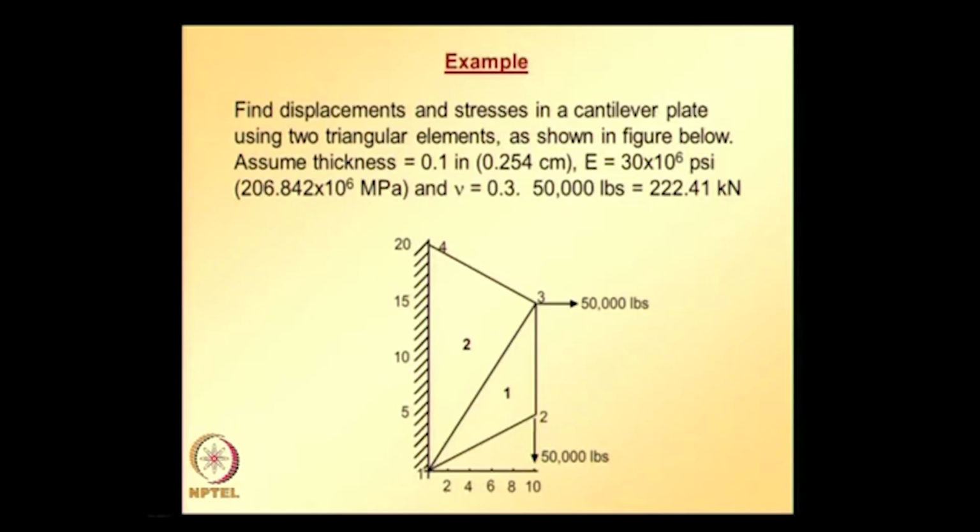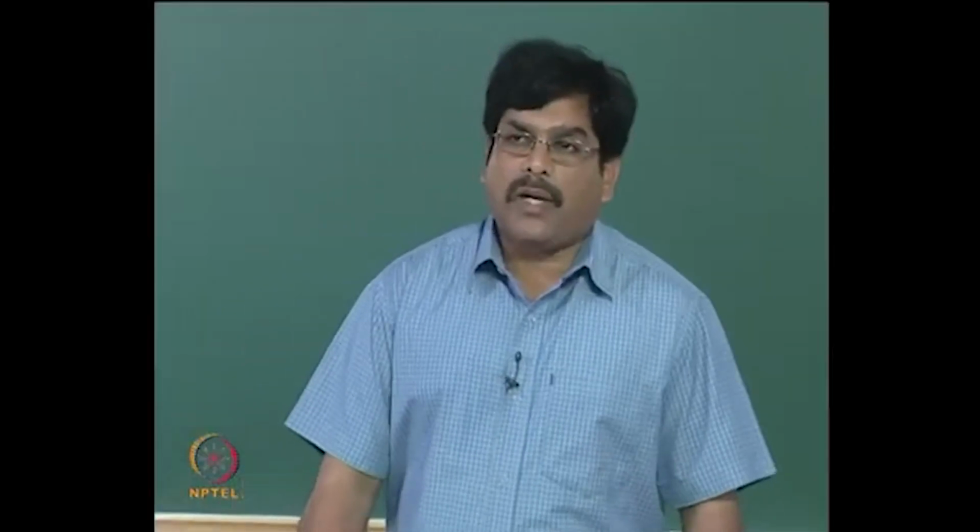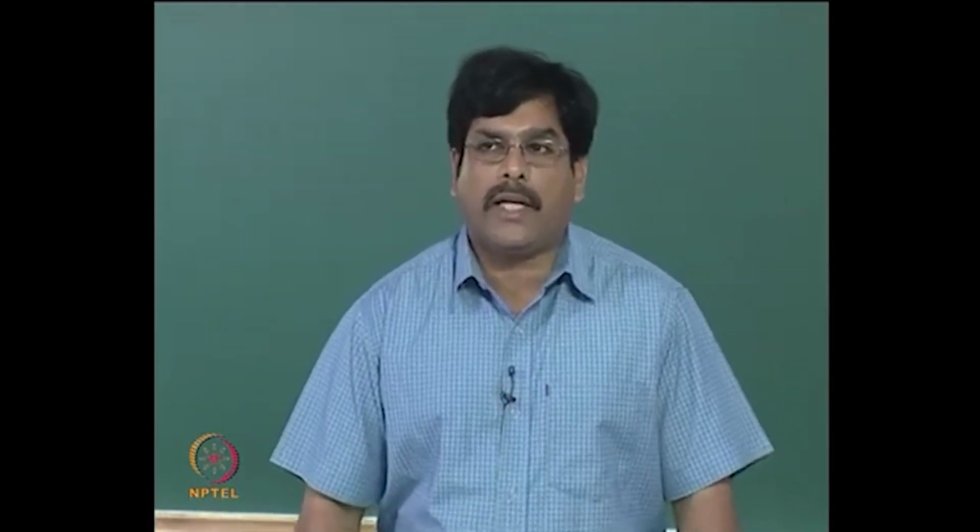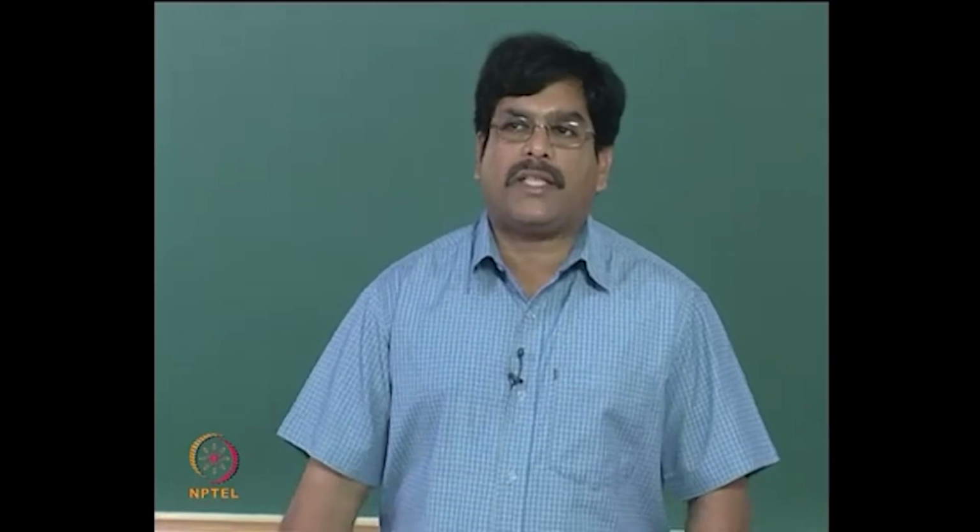The figure is drawn in FPS units, so whatever coordinate information we get from the figure, please read it as inches corresponding to the nodal coordinates. The cantilever plate is discretized using two triangular elements, and all the nodes and the two triangular elements are numbered. Element 1 comprises nodes 1, 2, 3 taken in counterclockwise direction.